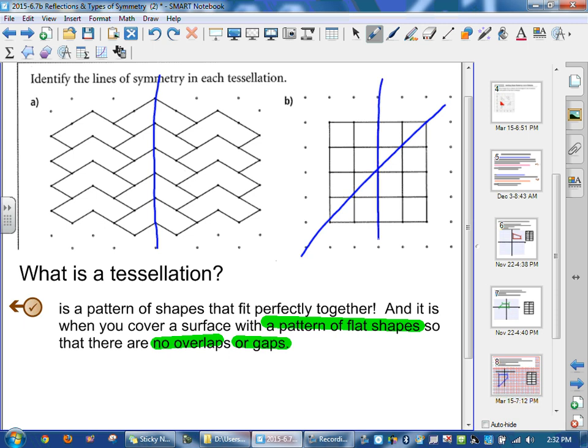Another one. Horizontal. Diagonal the other way. Good. Now, it's got 4 reflection lines, and what do we notice? It's a regular polygon with 4 vertices, correct? And we know that if they have 4 vertices, they'll have 4 reflection lines or lines of symmetry.